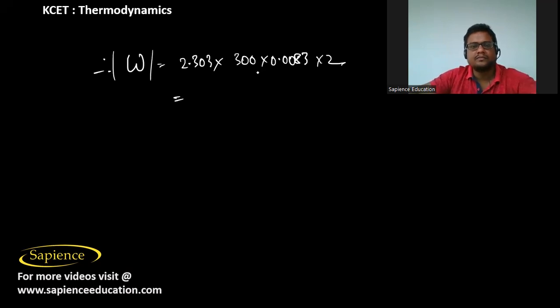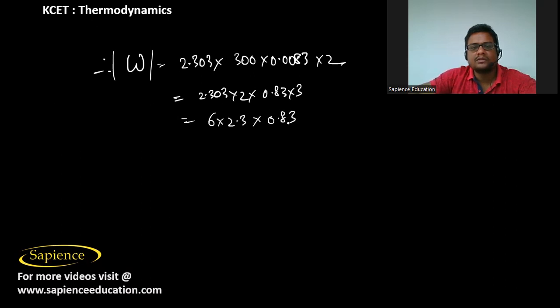So that will be equal to 2.303 into 2 into 0.83 into 3. So this is 6 into 2.3 into 0.83. That is 6 3s are 18, 6 2s are 12, 13.8 into 0.83.